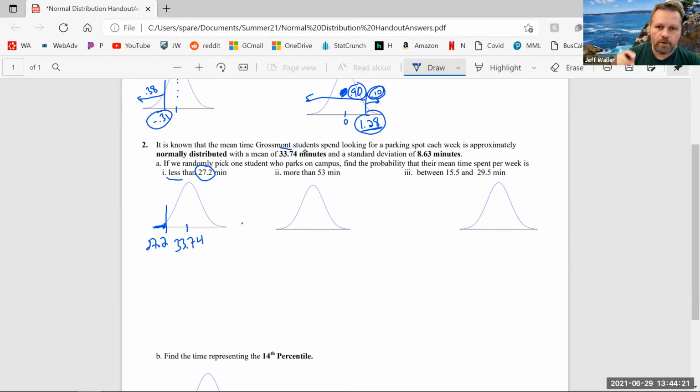Now, why can't I just go ahead and use the z-score chart right now? Is this a normal curve? Yes. So why not just look the number up and get an answer right now? Why do extra work? What do you look up on a z-score chart?